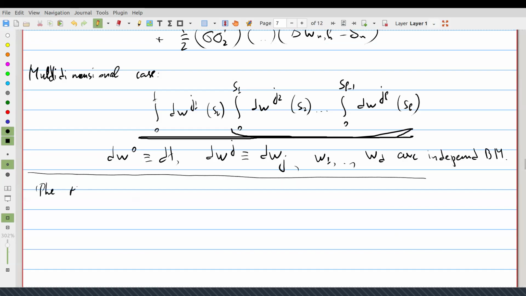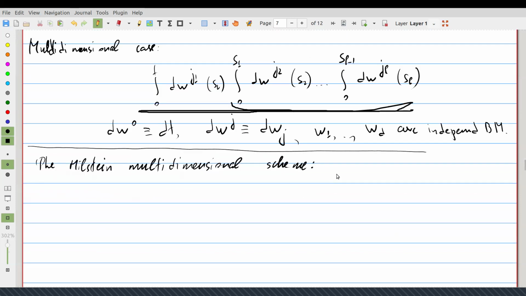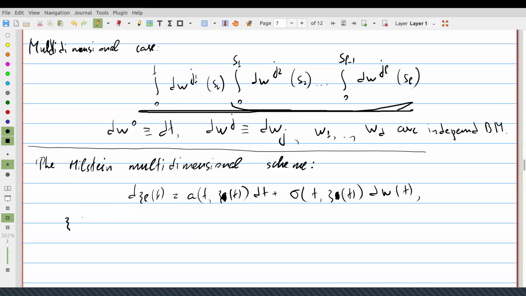Now, I will write down the Milstein multidimensional scheme, to show how it looks at least, and also because I have it written down in my notes. So, dXi = a dt plus sigma dWt, where the k-th component of the drift is the sum over j from 1 to m of sigma_jk dW_k.